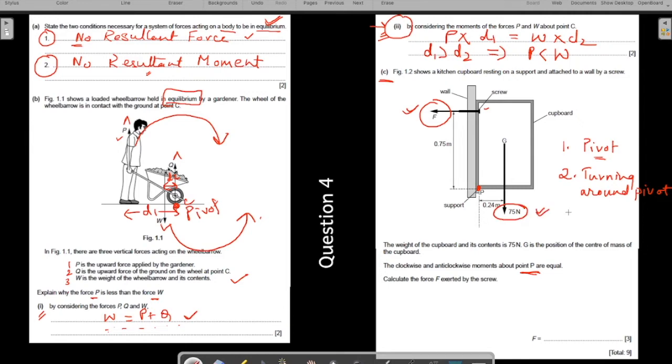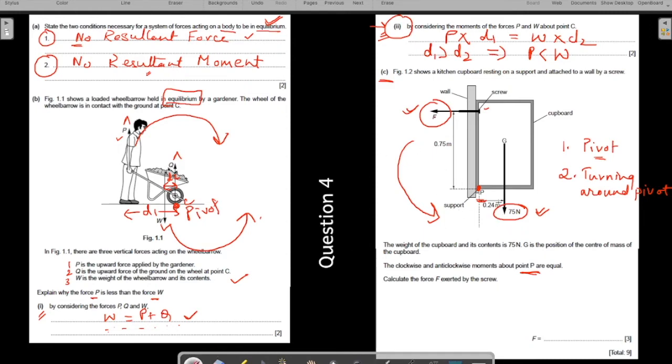Let us draw some curved arrows to show clockwise and anti-clockwise moment. So the moment or the turning that will be created by the force F would be like this, around the pivot. So the curving should happen around the pivot. This is your pivot. If you see, curving is happening around the pivot. Similarly, how is your clockwise moment?